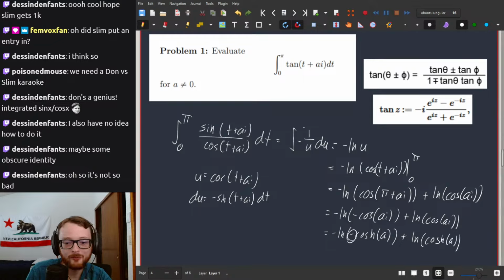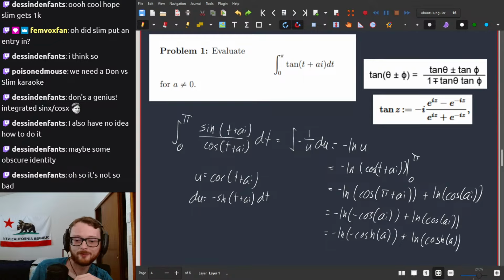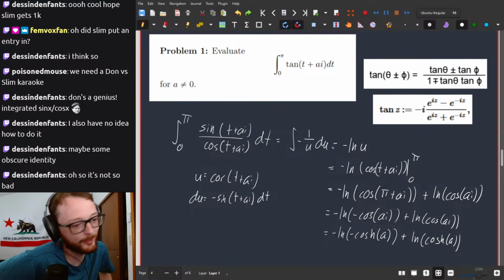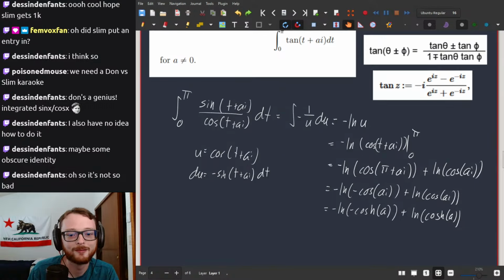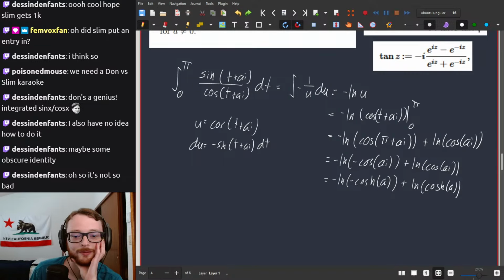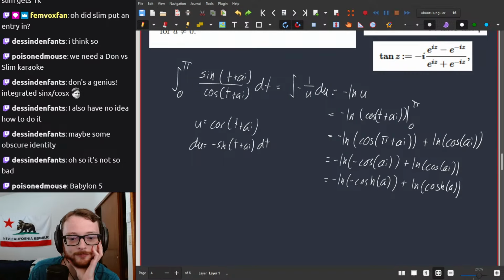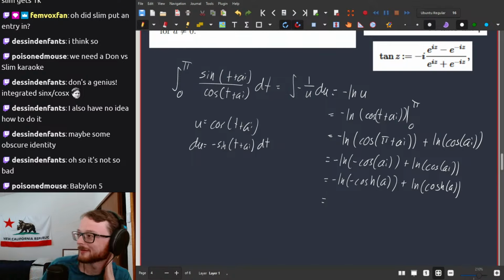Well, the negative sign is kind of concerning. Cosh is always positive, isn't it? I mean, I guess it's complex numbers. What is, like, does ln of cosh simplify, though?